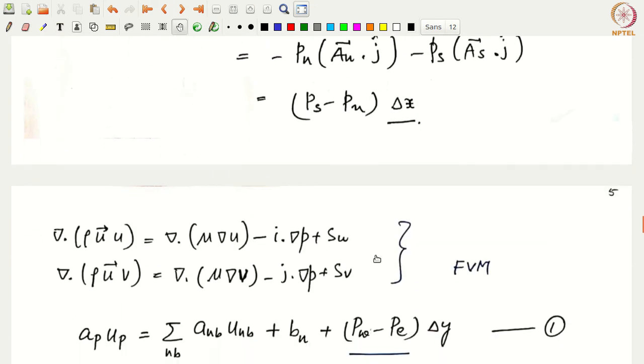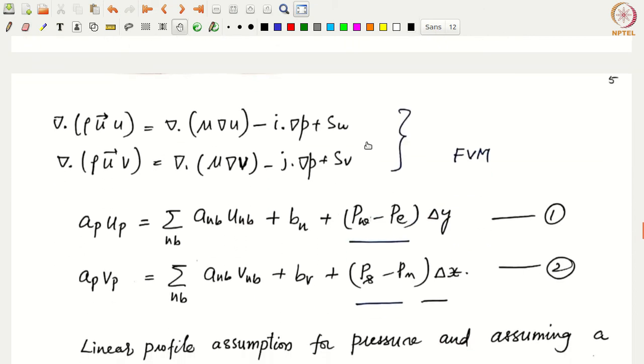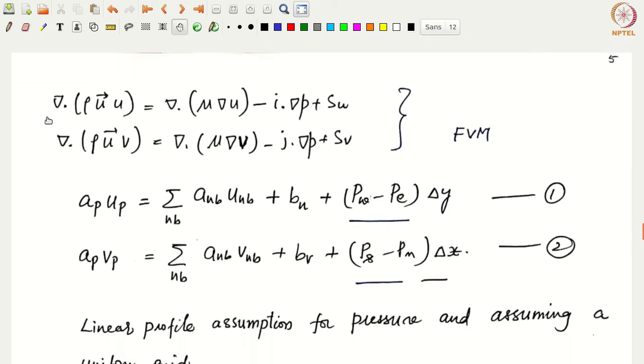And we are now in a position to write down the discrete equations. If we start off, the steady Newtonian incompressible flow equations are given here, which is del dot rho u bar u equals del dot mu grad u minus i dot grad p plus Su, and the other one is del dot rho u bar v equals del dot mu grad v minus j dot grad p plus Sv, right?